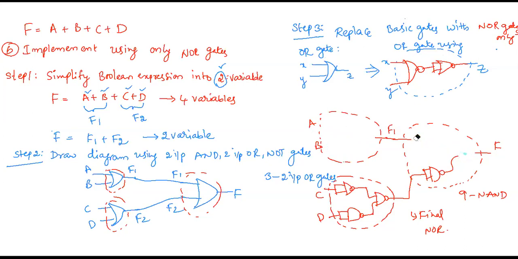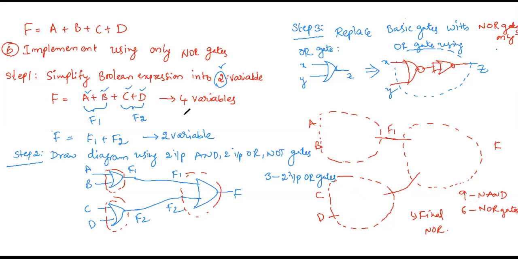Here also you will get the structure. Here also you will get the structure. So at each place we are using two NOR gates. So finally we have to use 6 NOR gates.